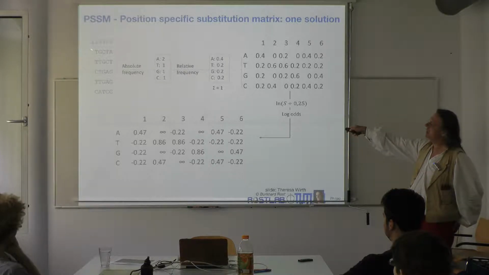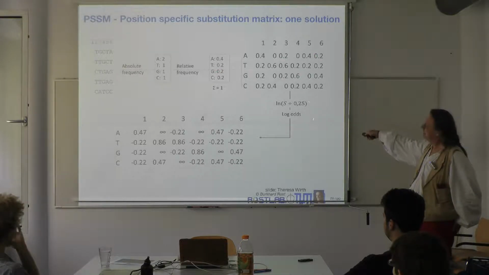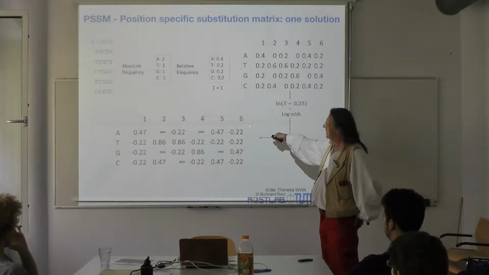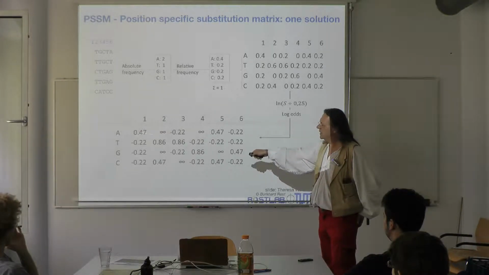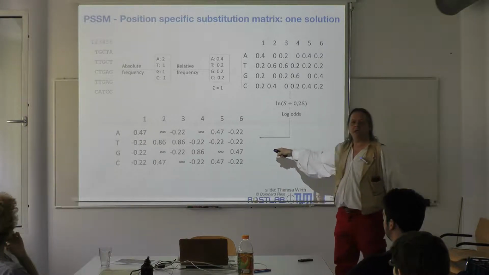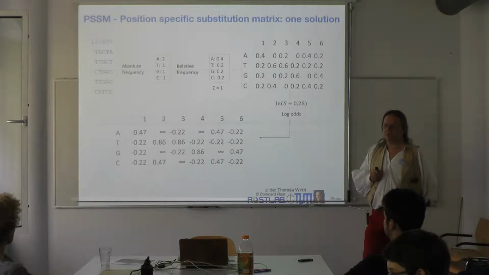Then you turn that into a relative frequency, you get a table, you do the log odds, and now for every position 1 to 6, for every one of the letters, in this particular case nucleotides, you have a log-odds matrix that replaces the substitution or scoring matrix you started off with.